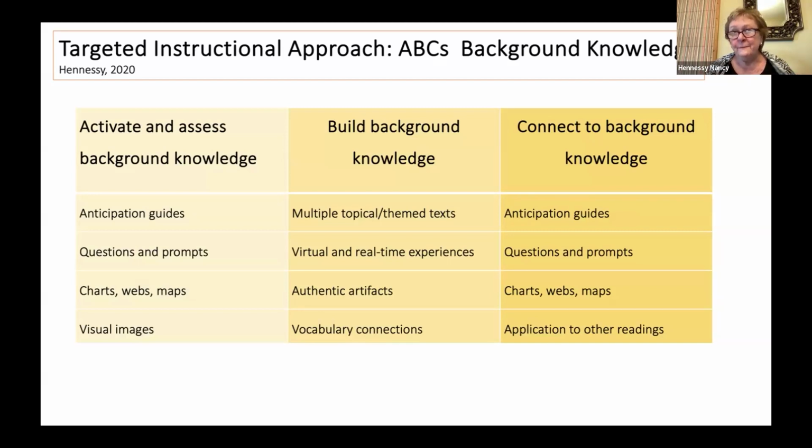So not thinking so much about the global idea, but under that holistic idea, pulling out and saying, what do I know about this particular text that will allow me to go deeper with the text? And of course, we presented the ABCs of background knowledge.